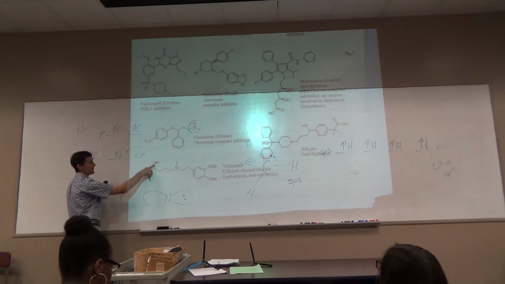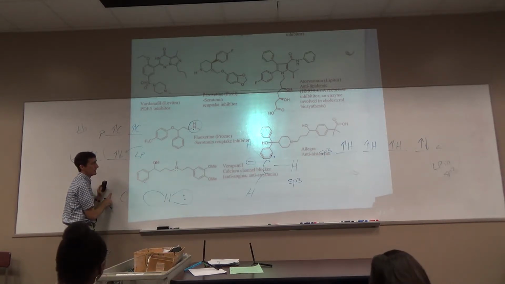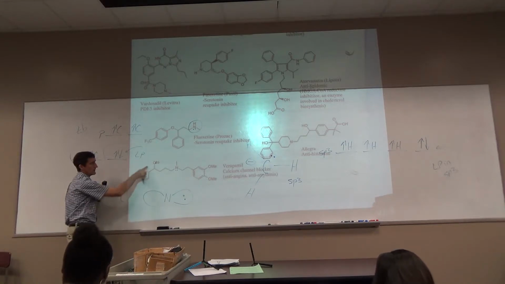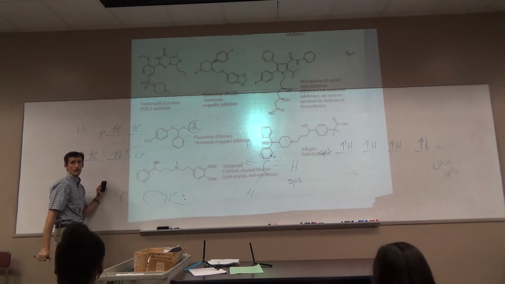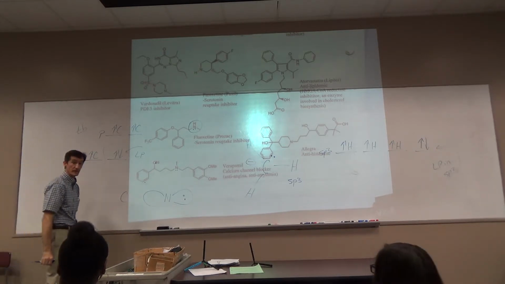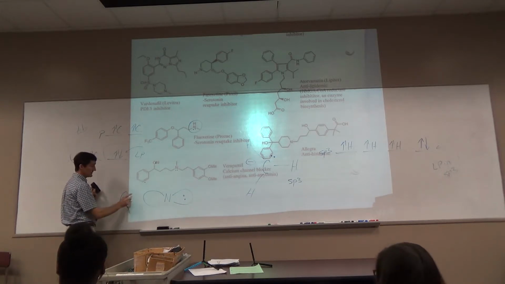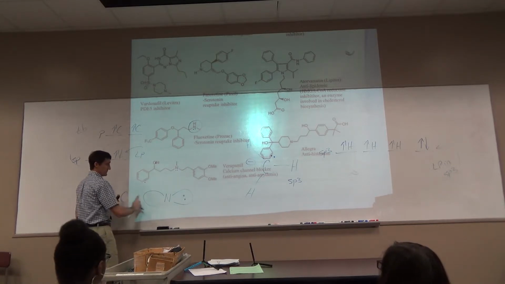What's the hybridization of the carbon that it's bonded to? Triple bond and single bond. sp. So it's also sp. It's got two p orbitals. This has two p orbitals.